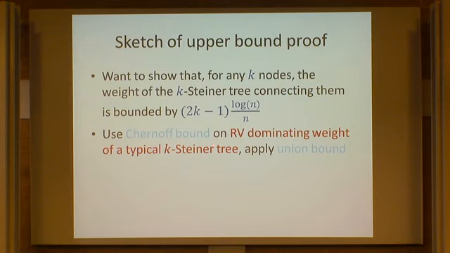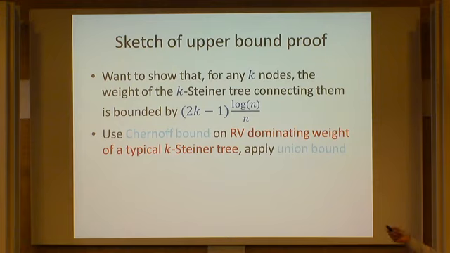We find a Chernoff bound saying that this typical k-Steiner tree cannot be too big in weight. And then we apply a union bound. So there are n to the k ways of choosing k nodes. So if your tail bounds are decaying sufficiently rapidly, then you can add up n to the k of these and still it will vanish. Okay, so that's the idea.